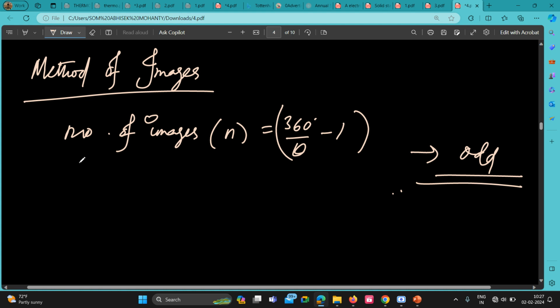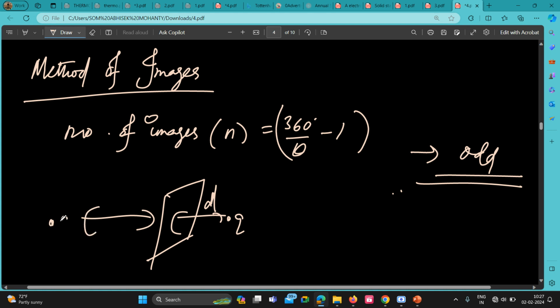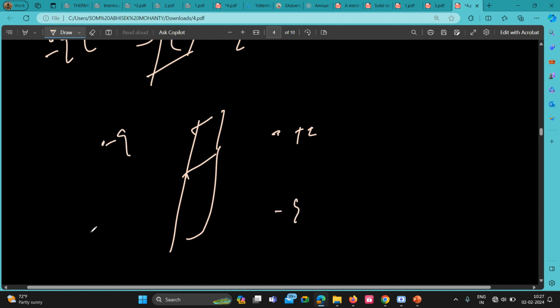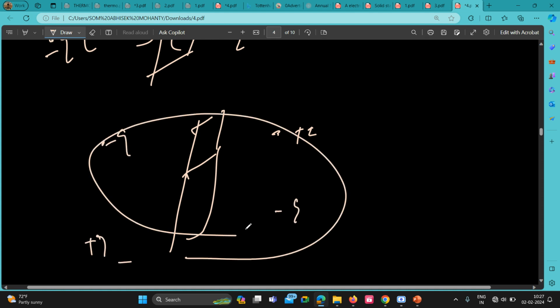Like, there will be a conducting slab, with plus q at a distance d, so exactly minus q charge will be at a distance d on the other side. For example, with another charge, there will be another image charge here, so you have to calculate the force between them. I hope you can calculate all of that.